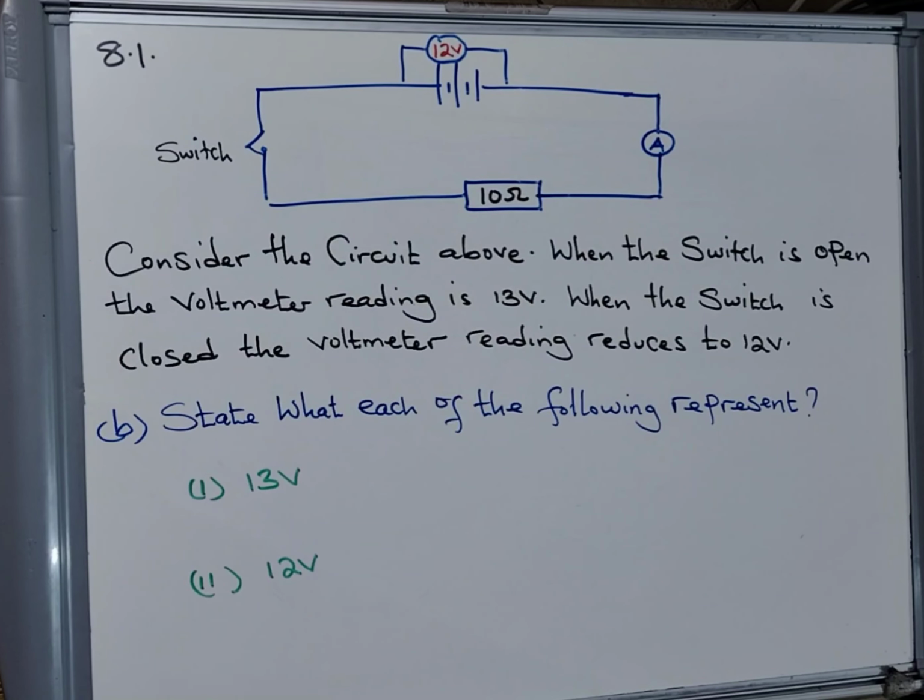And what does that mean? That means that the reading taken under that circumstance is EMF or electromotive force. It is the total possible energy which the battery can provide per unit coulomb passing through the battery.